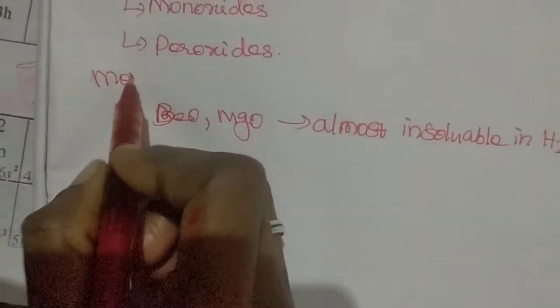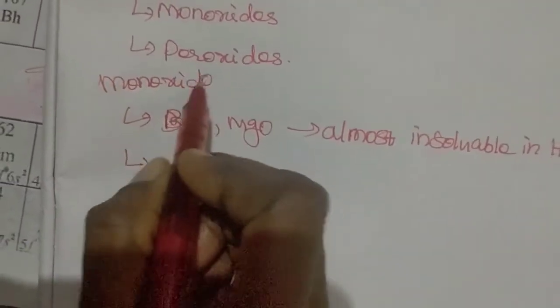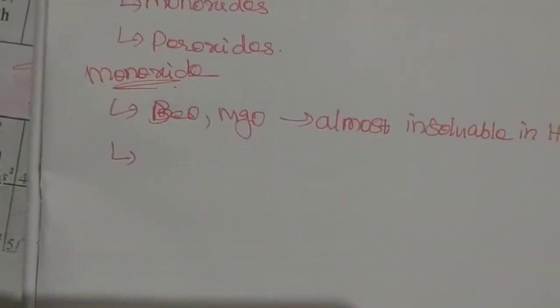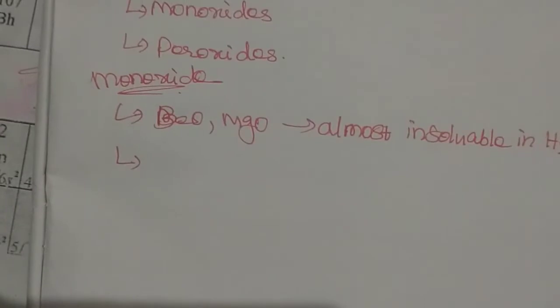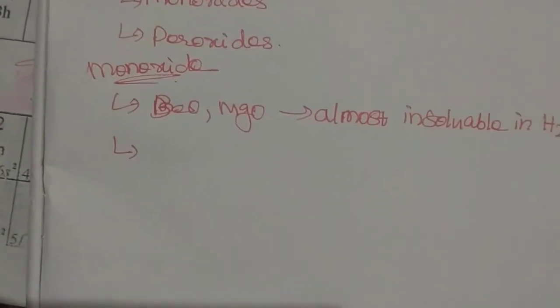This is monoxide. How to form the monoxide? Treating the alkaline earth metals with oxygen by heating.